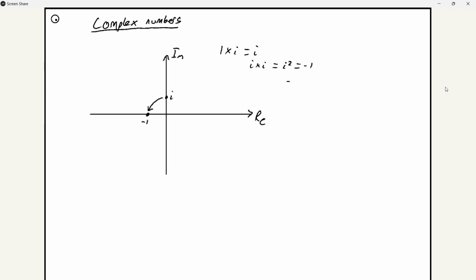And then we times minus 1 by i, which equals minus i. Then we go down to here. So you can sort of see a circle already forming. Times by i again, we get minus i times i, which equals minus i squared, which then just equals 1.